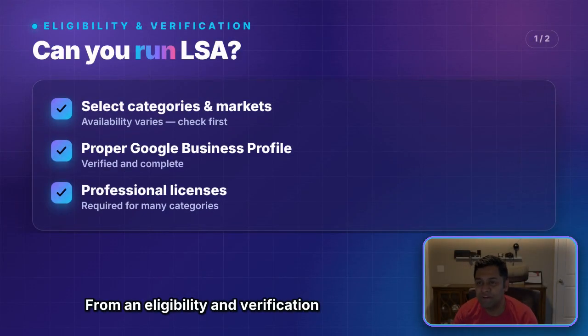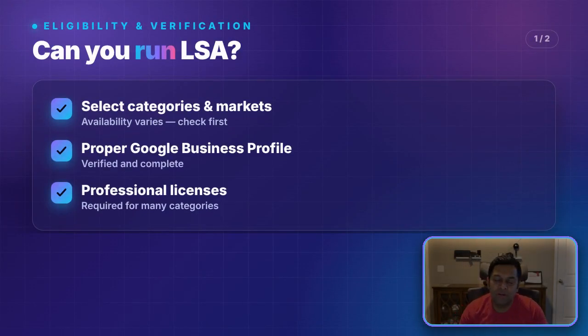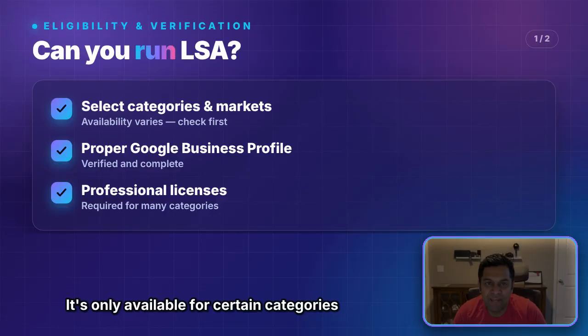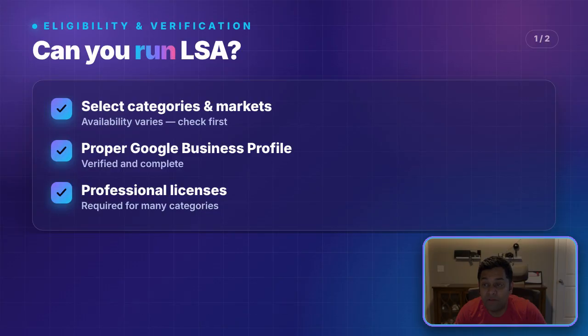From an eligibility and verification standpoint, it's only available for certain categories in the market. So check your eligibility first. You need to have a proper Google Business Profile, like I said earlier. If there are any license requirements, then you will probably need that, for example professional licenses, depending on the category and region.